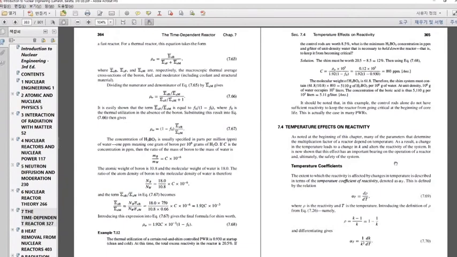In Lamarsh's Introduction to Nuclear Engineering, chapter 7 covers all the topics related to reactor kinetics and control.